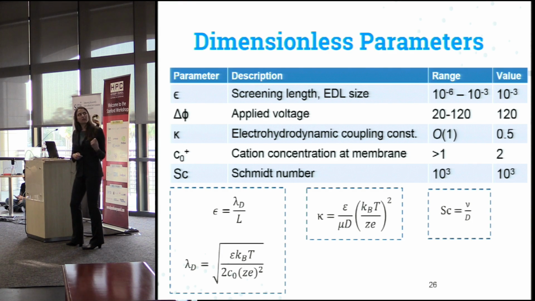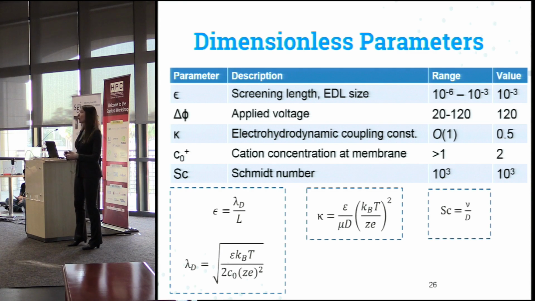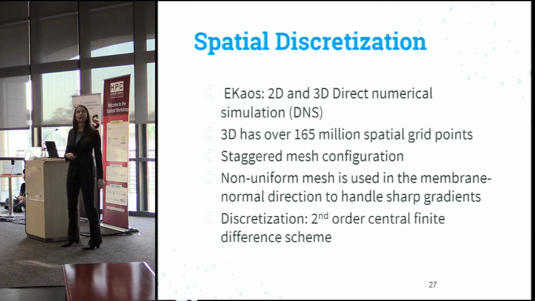As we decrease the size of this epsilon, we have to use more computational resources by orders of magnitude, even though it's more representative of the problem. So we have to choose a parameter space that allows us to be wise about the computational resources that we do have, but is still representative of a physical problem. And then as we improve this code and use better numerical methods, we can get closer and closer to simulating an entire desalination channel.